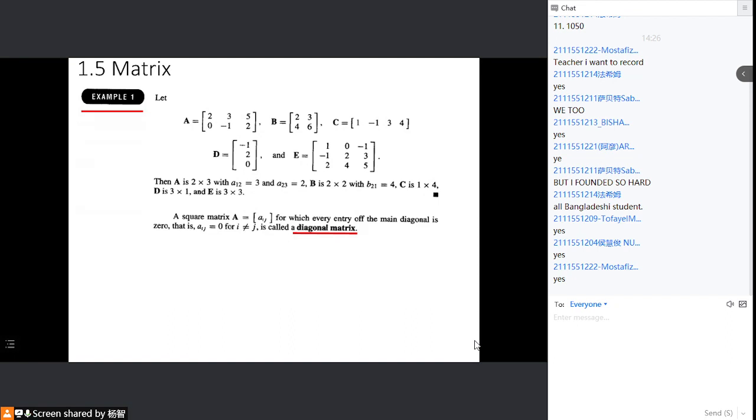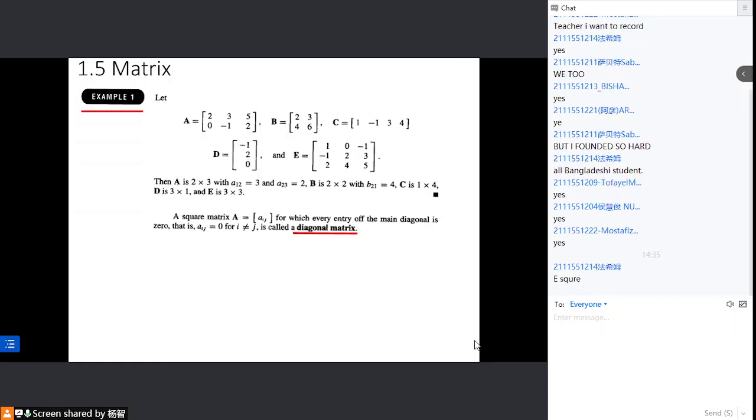B and E. Yes, B and E are square matrices, and they have a main diagonal. This is the main diagonal of B, and this is the main diagonal of square matrix E. And the shape of A is 2 by 3.